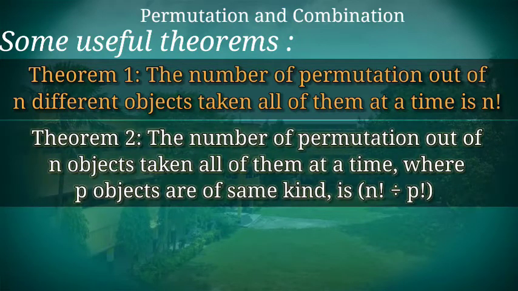The next theorem says the number of permutations of n objects where p objects are of the same kind and the rest are all different is n factorial divided by p factorial. Here also we are taking all of them at a time.